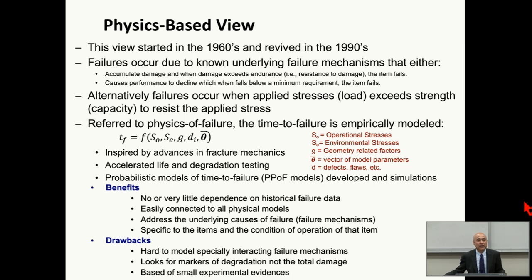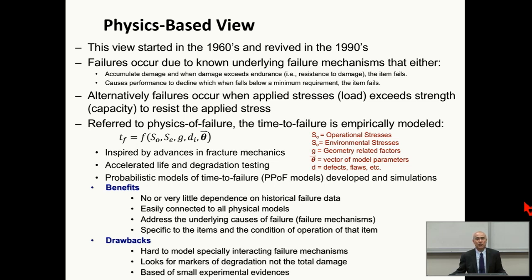The drawback, on the other hand, is that, as you could note here, it is harder to model, and you need to develop a model like this for every failure mechanism. And when we develop these models, we are looking for markers of damage, not the damage itself, which could be larger than the markers.